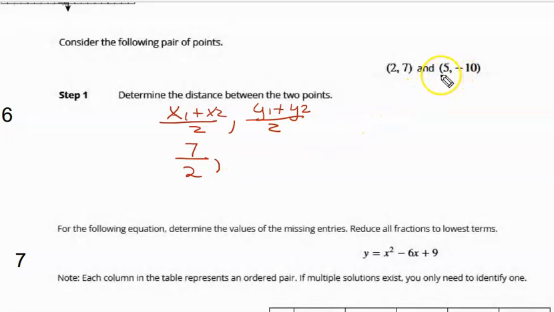And then here we have 7 minus 10 is -3, divided by 2. So this would be the ordered pair of the midpoint of this line.